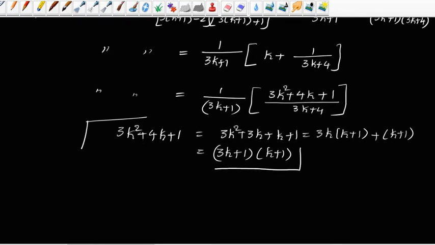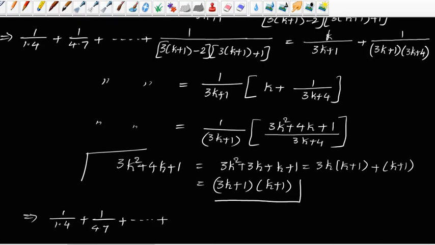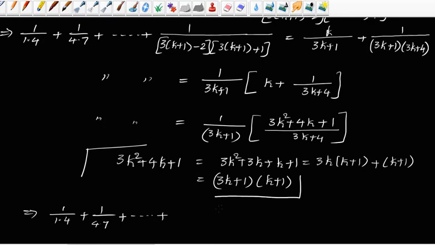Now put 3k square plus 4k plus 1 in the answer. Now we will get 1 by 1 into 4 plus 1 by 4 into 7 plus up to and so on. The last term is 1 by 3 into... don't simplify here, we have to simplify only on the RHS side.